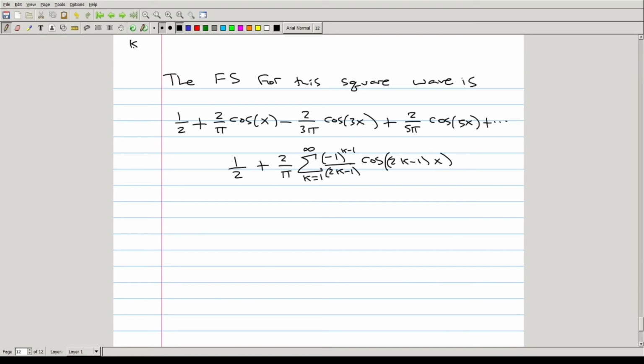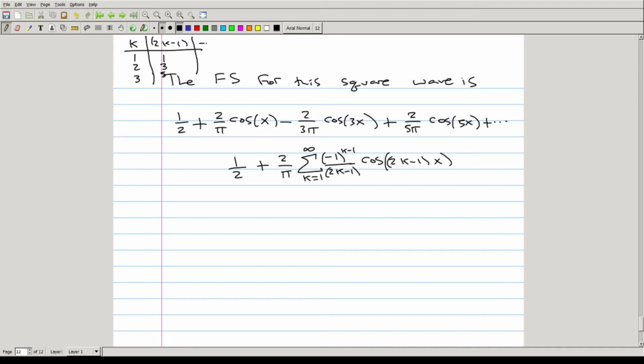Because for all different values of k, 2k minus 1 is going to give you the odd values. For k equals 1, you get 2 times 1 is 2, minus 1 is 1. For k equals 2, you get 2 times 2 is 4, minus 1 is 3. For k equals 3, you get 2 times 3 is 6, minus 1 is 5.